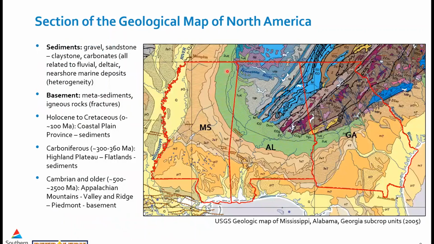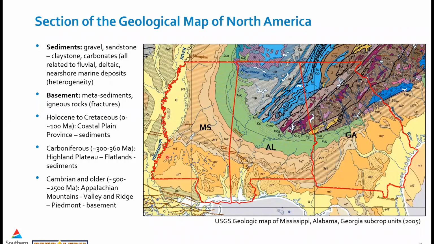Another important thing when you do the play area screening is to look at the geology. Here I put in a section of the geological map of North America. It's a USGS geological map with the subcrop units. We focused on the sediments, and they comprise gravel, sandstone, claystone, carbonates.